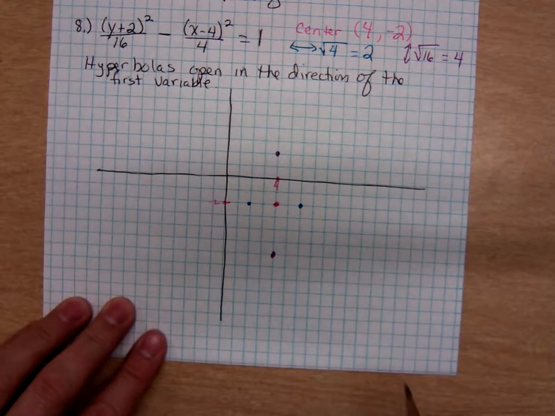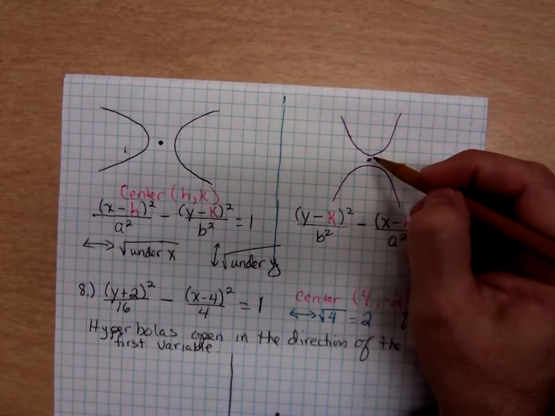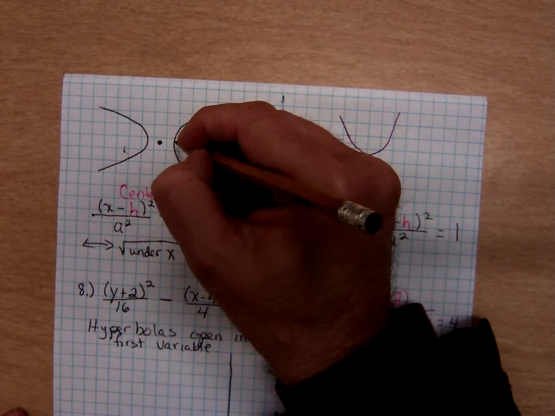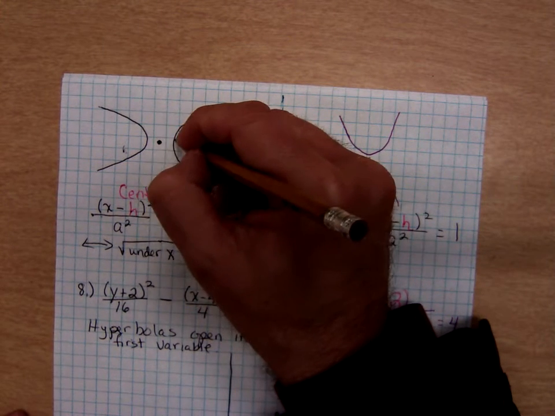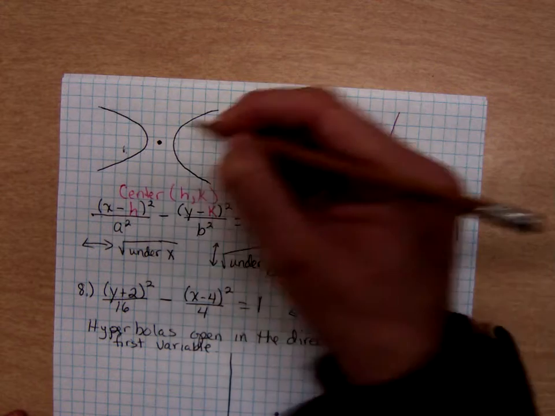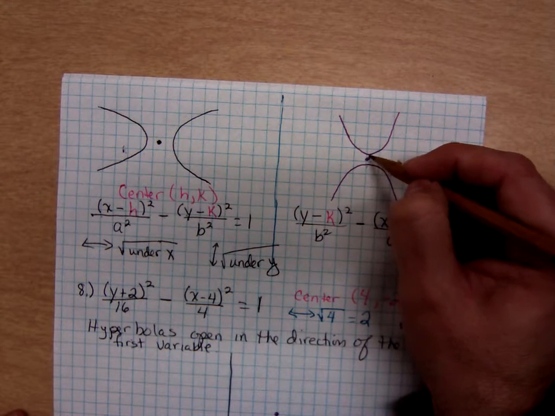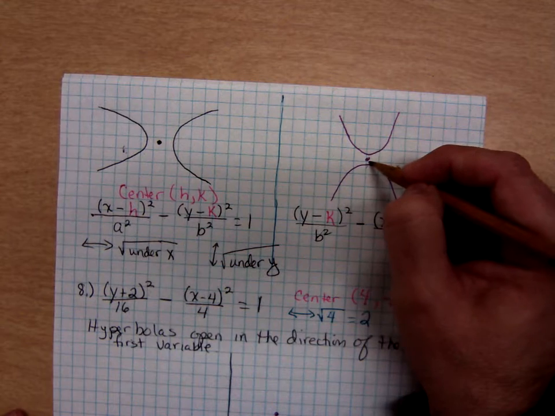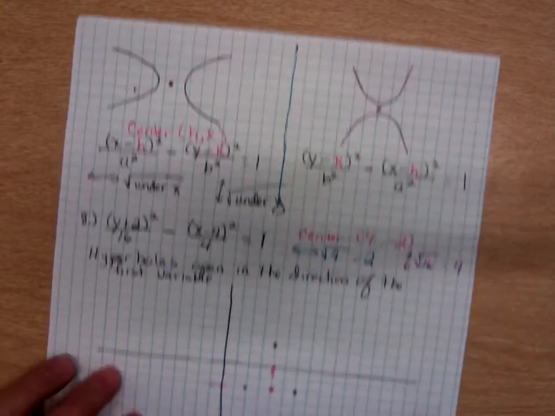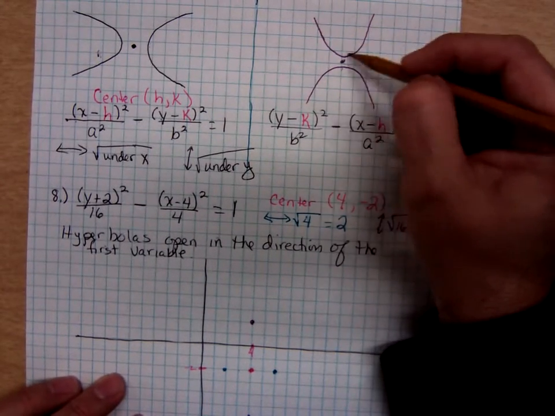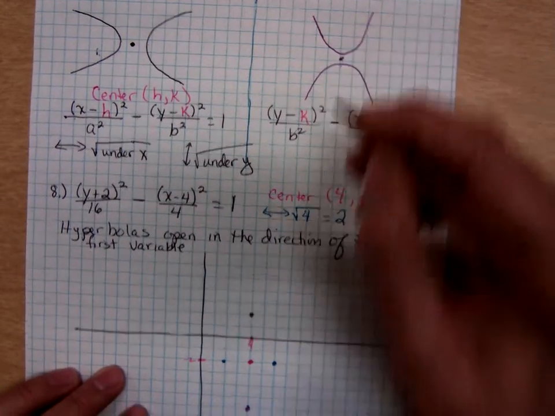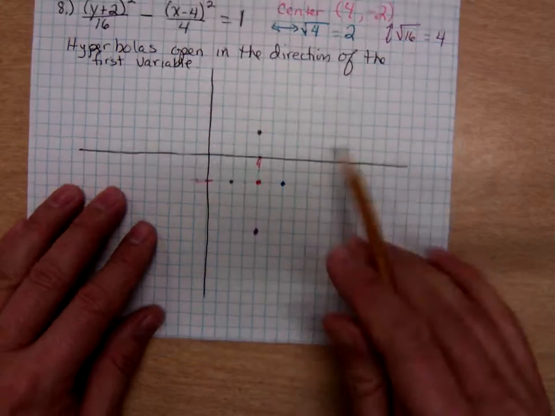When you have curves like this, each turning point of a curve is called a vertex, and the plural form of vertex is vertices. Hyperbolas have 2 vertices. So this one's opening up and down. 2 of these 4 points that I plotted here are the vertices.